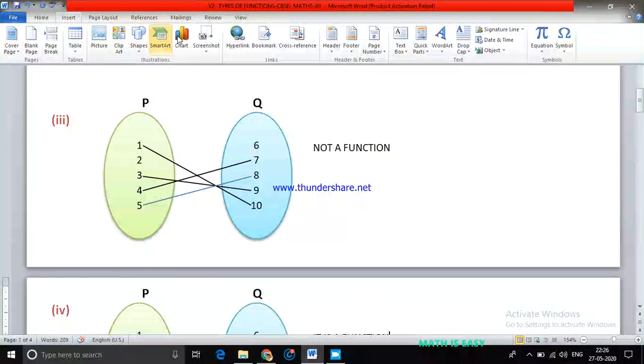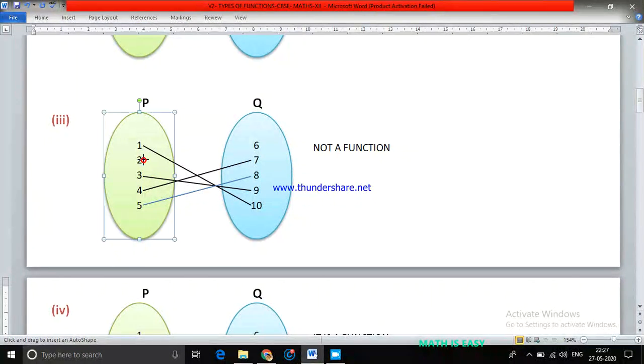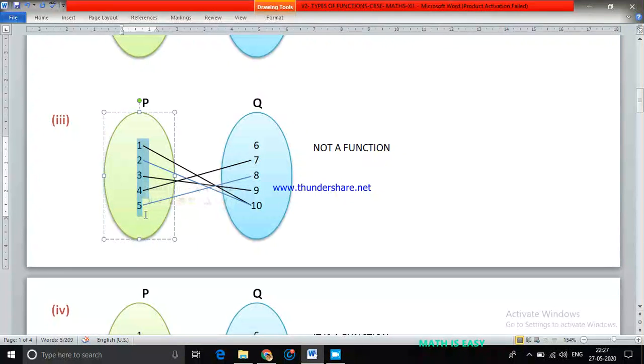Here also, if I insert, for example, 2 is mapping with maybe some 10. Now see here, every element has an image, and none of the elements have two images, so it is a function now.